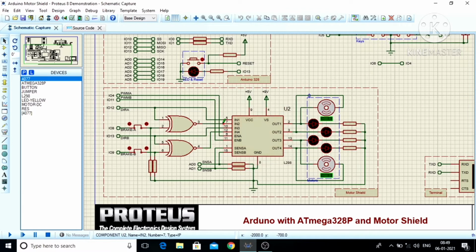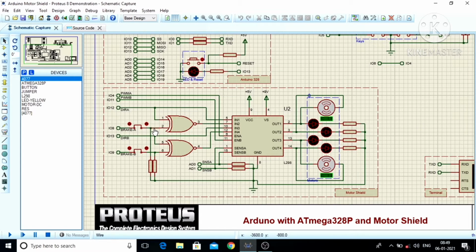Input 1, input 2 and enable A will be used to control the motor at channel A. Input 1 is connected to the 12th pin, which will control the direction of the motor. Input 2 is connected to the logic element XNOR. It will give a high level output for two same inputs, and a low level output for two different inputs.